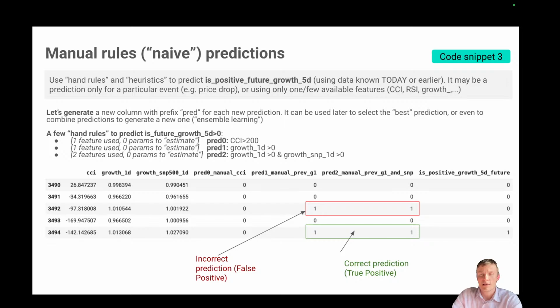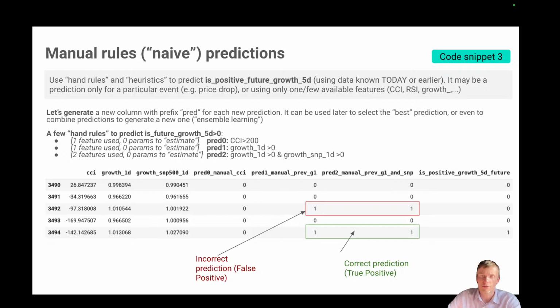So first, and probably the most important conceptual slides today, if we think about manual predictions or naive predictions or heuristics, how we can generate those predictions to the data frame. And we will look at code snippet number 3 in a few minutes, but before that I'll explain you what we are going to do here. First, we have a big data frame that has everything.